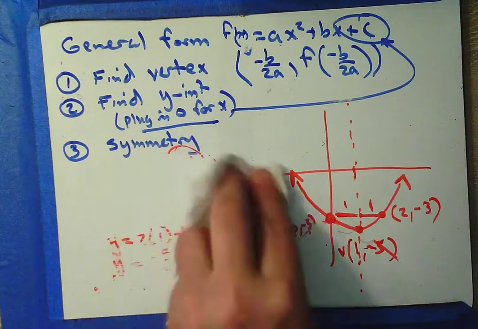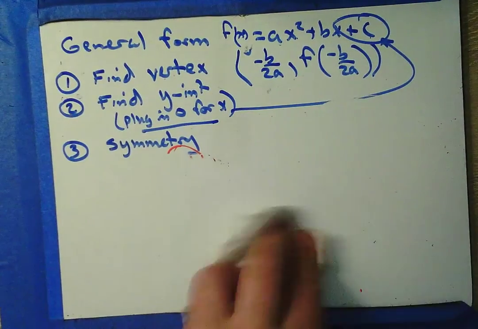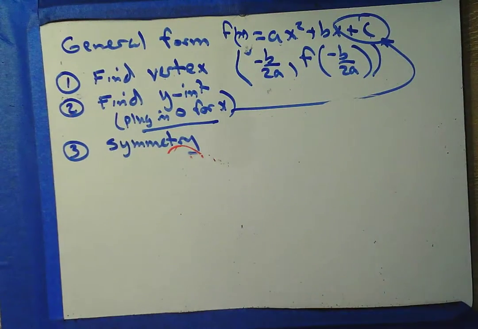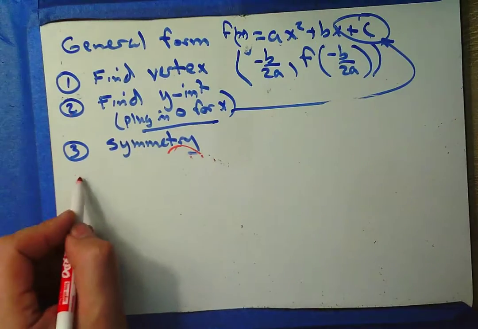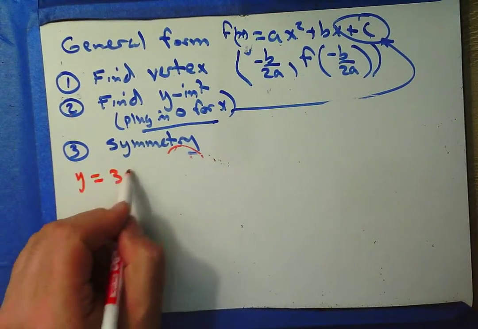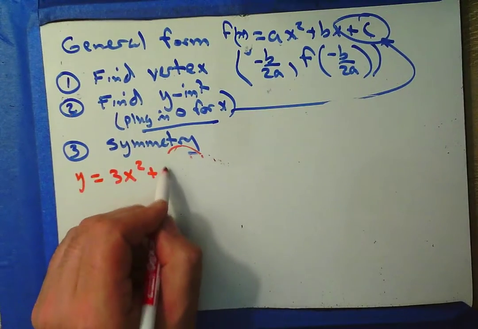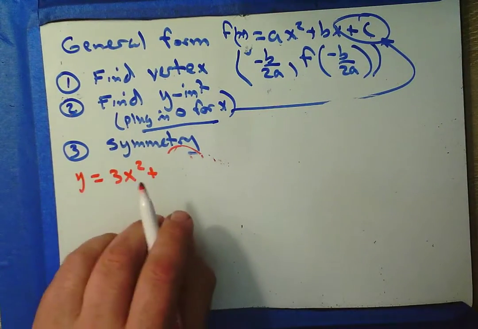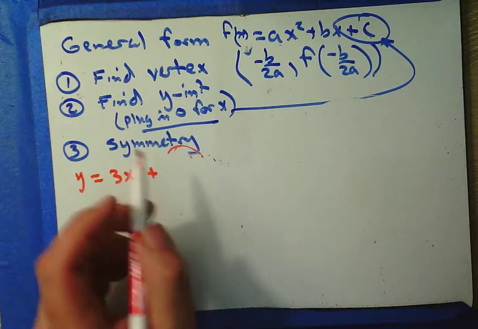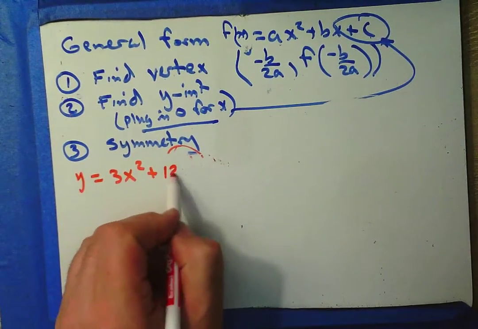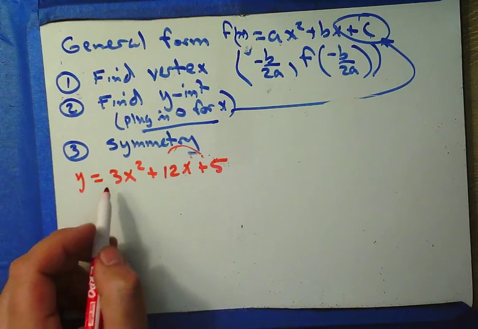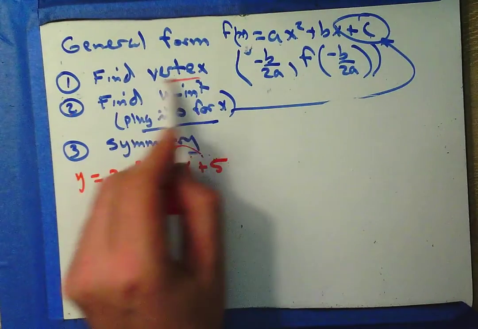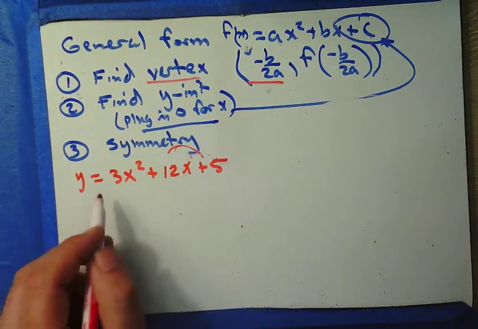Let's do another one, just to get a little more comfortable with this. Again, I recommend writing these into your notes so that you have them. y equals 3x squared plus 12x plus 5. Okay, so I'm looking for the vertex at minus b over 2a.